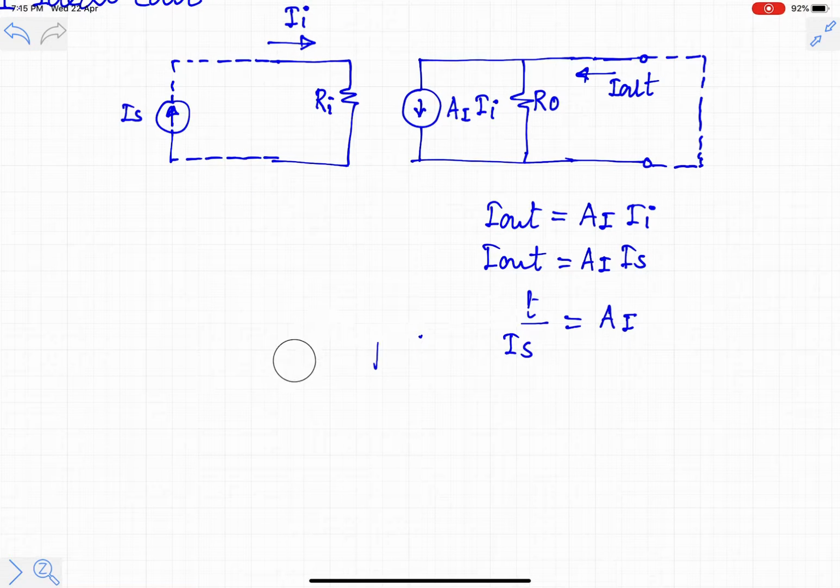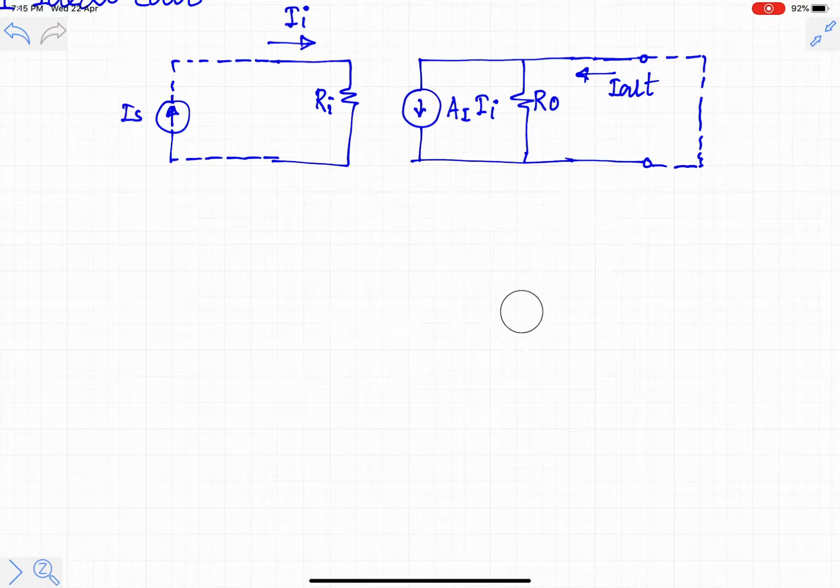Now we will see the model of the feedback network. We have assumed here that the feedback network is ideal. So input quantity to the feedback network here is a current, because output of a feed forward amplifier is a current. So when input quantity is a current, ideal value of the input impedance is 0.